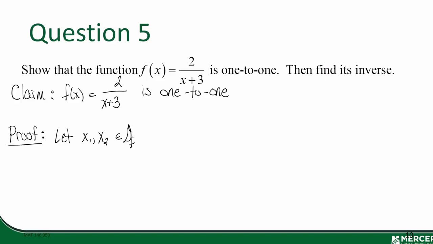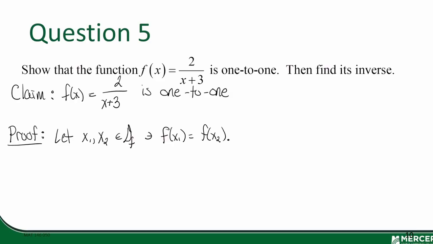I was going to say all real numbers, but it's not. It's implied that x can't be -3. So x1, x2 can't be -3, such that f of x1 and f of x2 are the same.